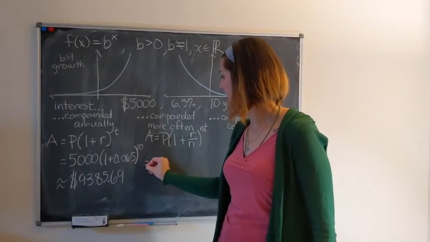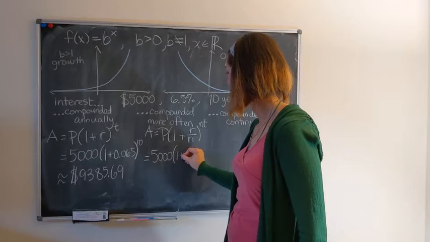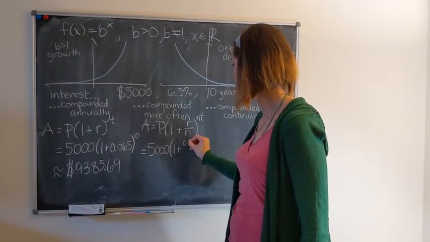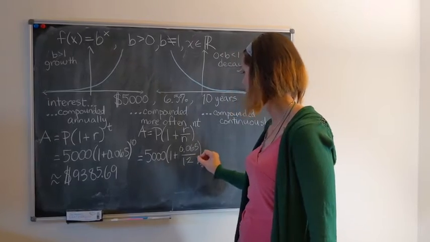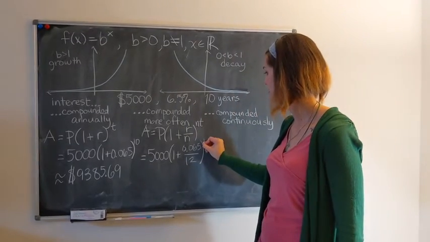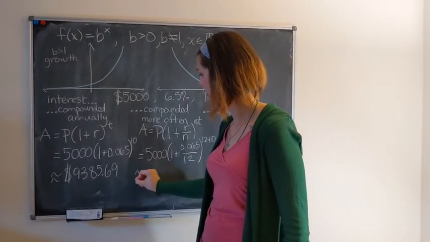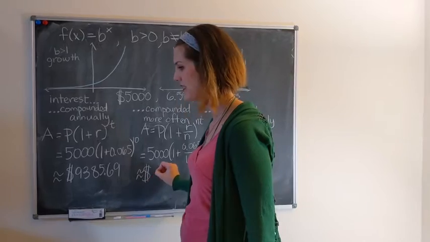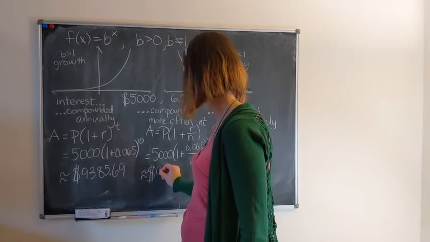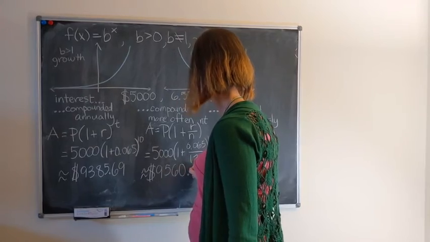So if we do that, our principal amount still being 5,000, our rate of interest still being 0.065, but now compounded 12 times per year for our 10 years, we find that we now owe a little more money at the end of that 10 years, $9,560.92.